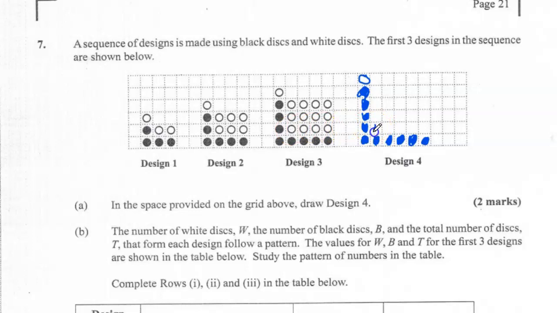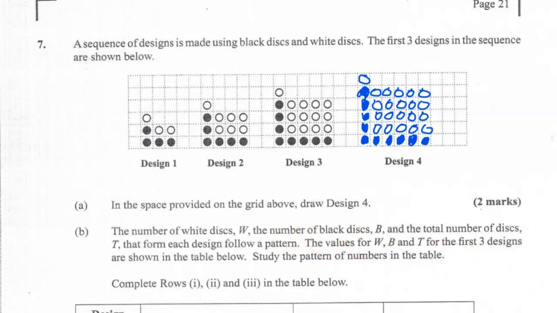First one shaded, so 2, 3, 4, 5, 6. So that should be it. That's a pattern there. Good. So that's design 4.